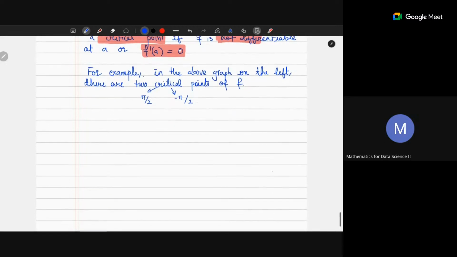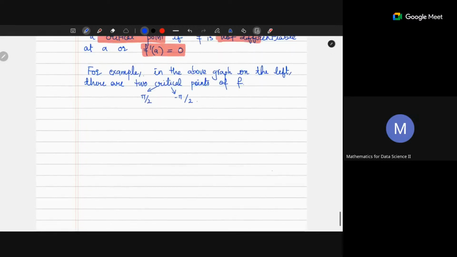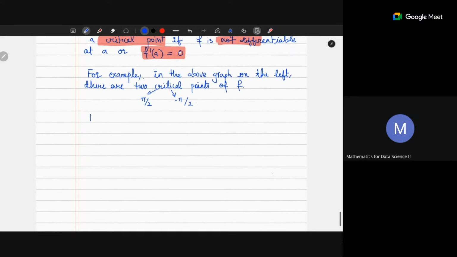I'm saying that in the above example, note that pi by 2 and minus pi by 2 are the local extremum points. That's the first thing to note.